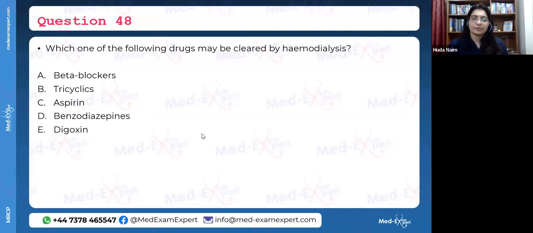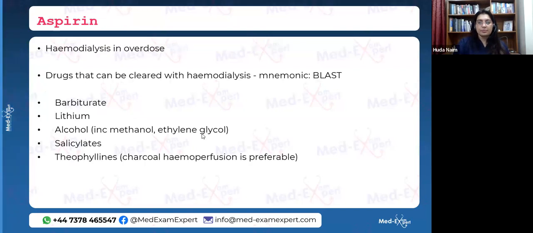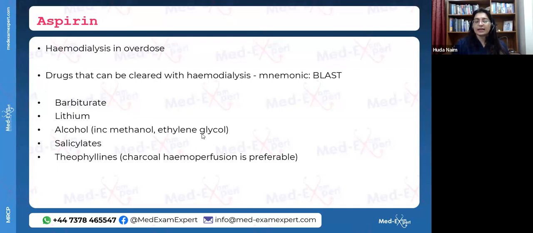Aspirin. Yes, you're correct, Dr. Smilin. It's aspirin. The drugs which are cleared by hemodialysis, the mnemonic is BLAST. The drugs include barbiturates, lithium, alcohol, salicylates, and theophyllines. These are the 5 that are cleared by hemodialysis. Okay, very, very important to remember.